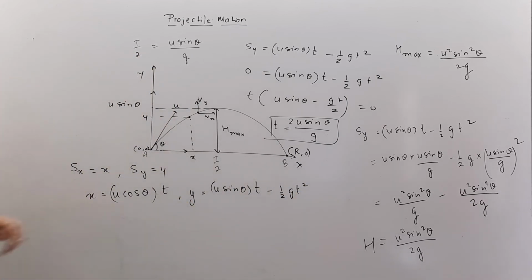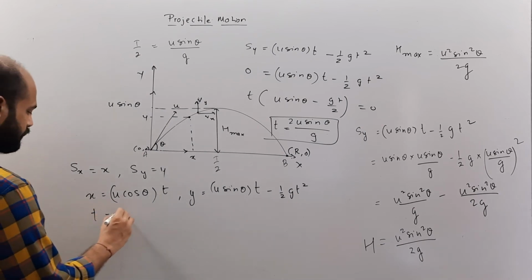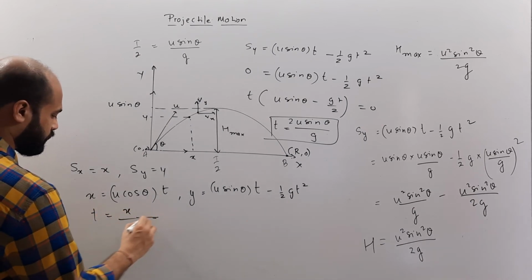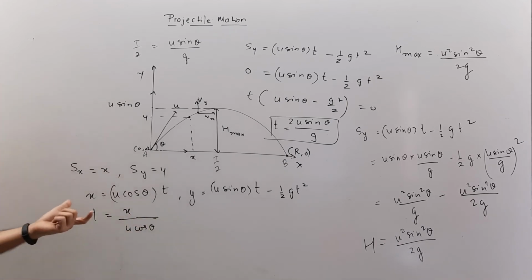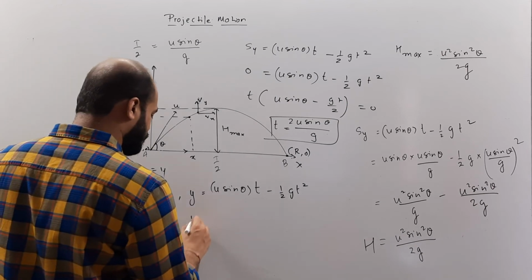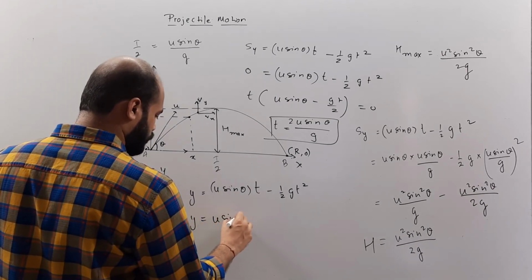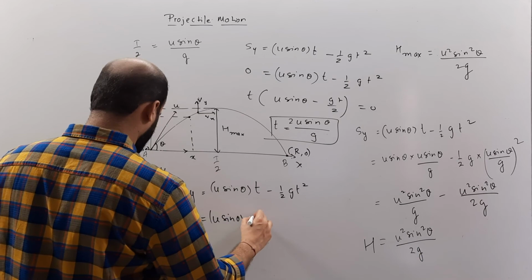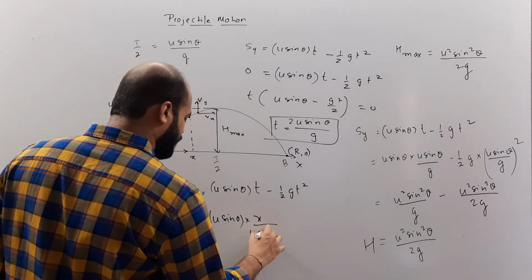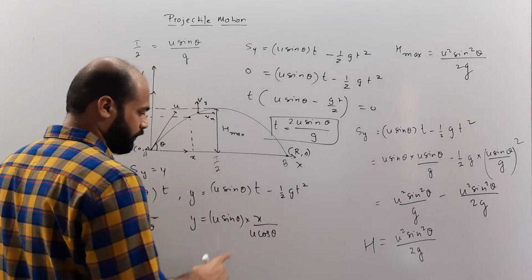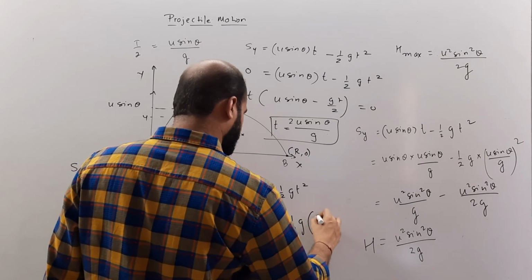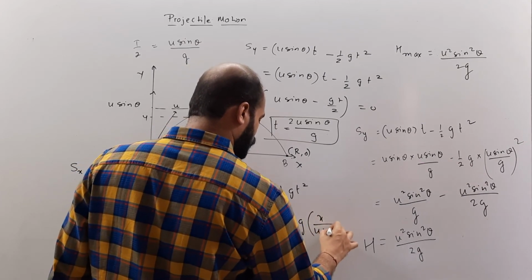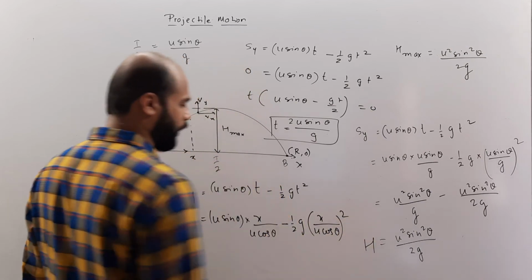Now if you see, t can be written as x by u cos theta. So I will write this as u sin theta into x by u cos theta, minus half g into x by u cos theta the whole square.